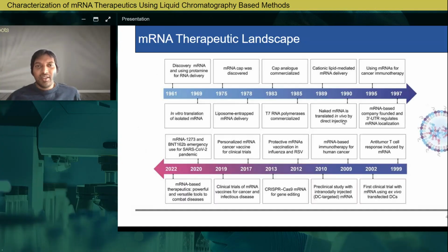So looking at the history of the mRNA therapeutic landscape here, it all started around 1961, and in 2020 we got more of these approved to combat infectious diseases. But the most important milestones across this whole life cycle are the first cationic lipid delivery of mRNA, which happened in 1989, and the lipid nano entrapment, which happened in 1978.